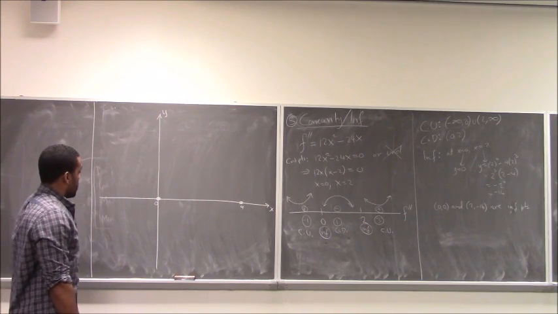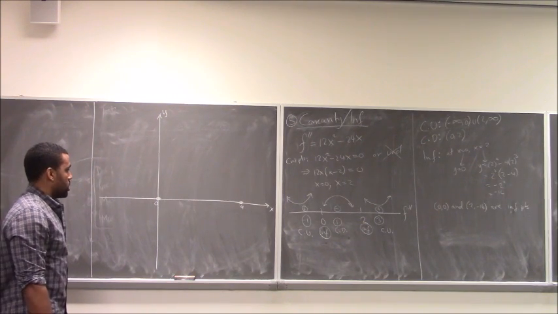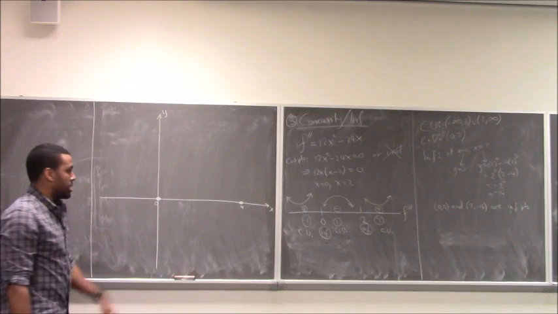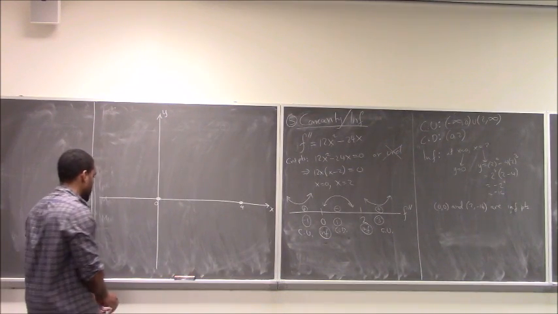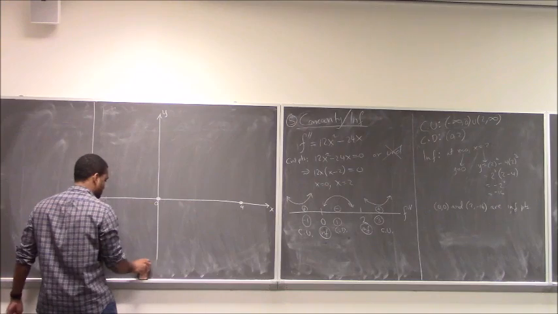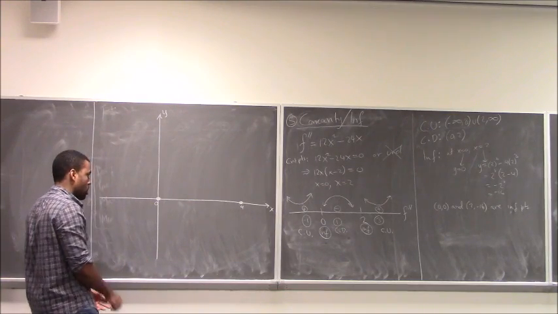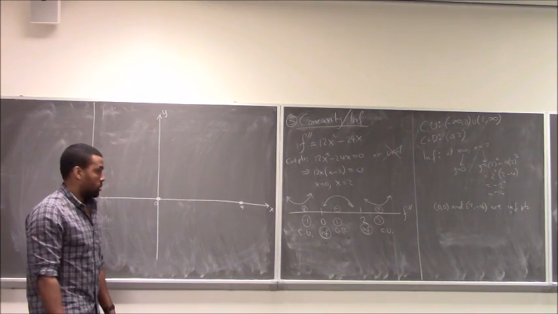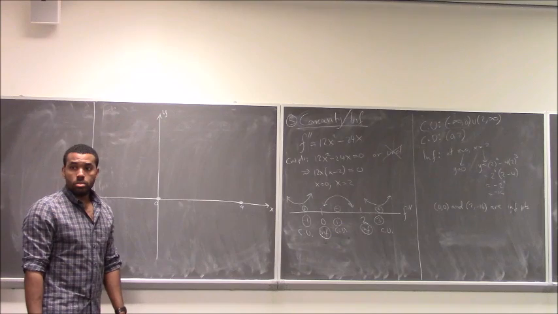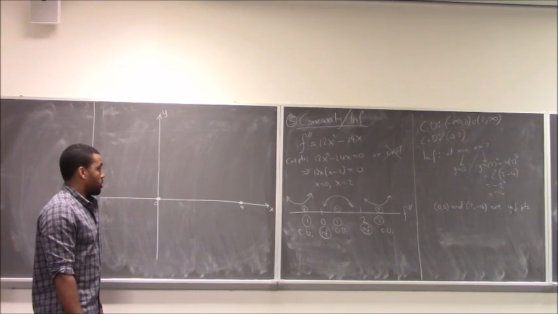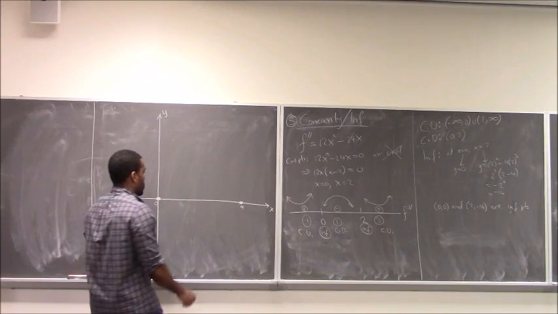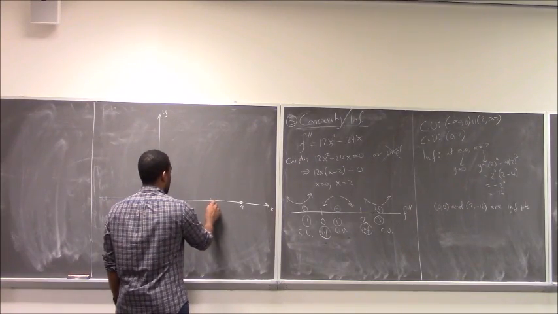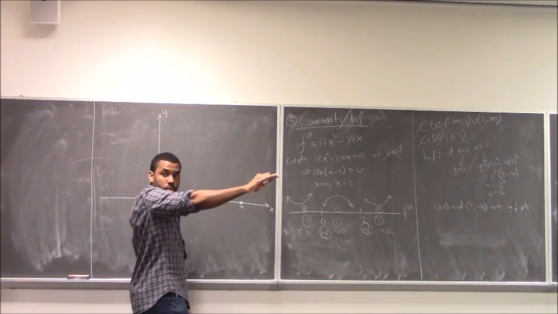And let's see, what else did we do? The next step was asymptotes. There were no asymptotes, so we don't have to worry about that. The next one was increasing, decreasing, max and min. What's the increasing profile? Where are we increasing? From 3 to the right, from 3 onwards, so to infinity.